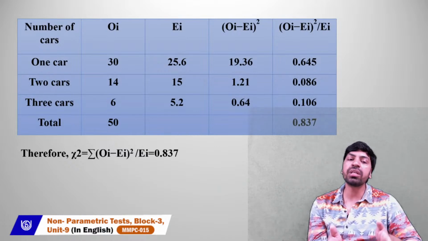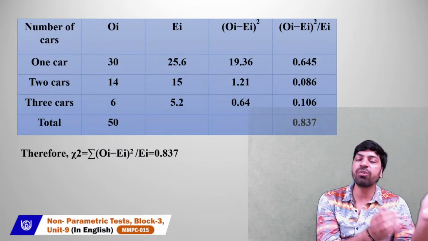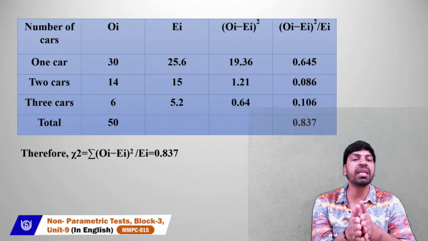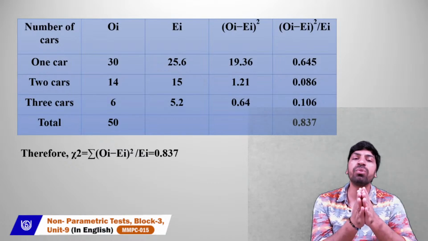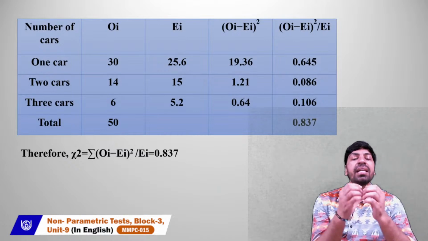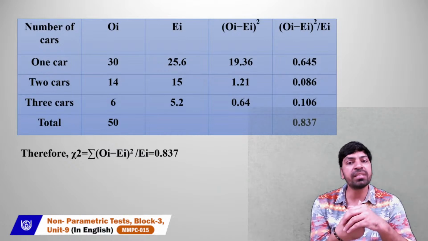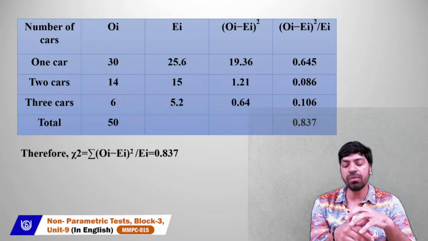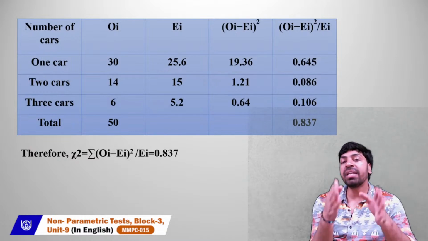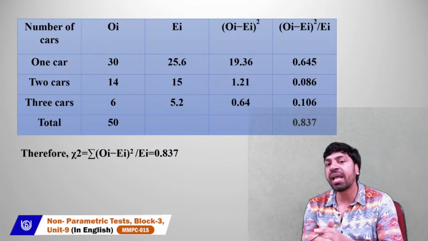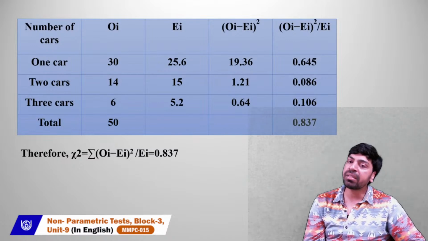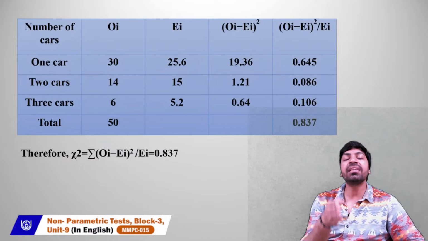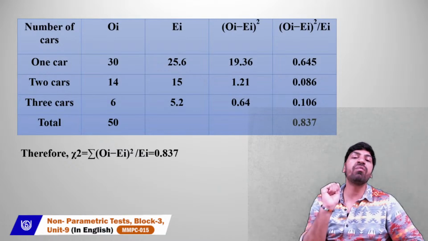So in the question, the observed frequency and expected frequency are given. We subtract the two frequencies and square the result to get the (O minus E) whole square value. Then we divide all of the values by the expected frequency to get the individual chi-square values.